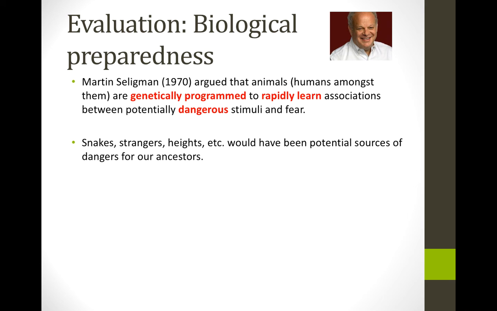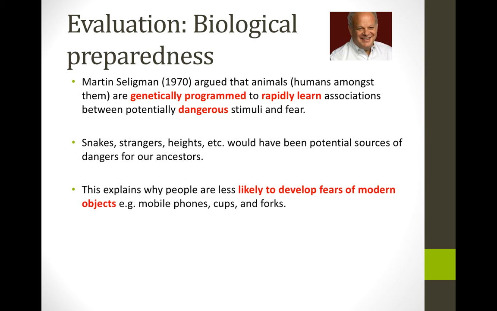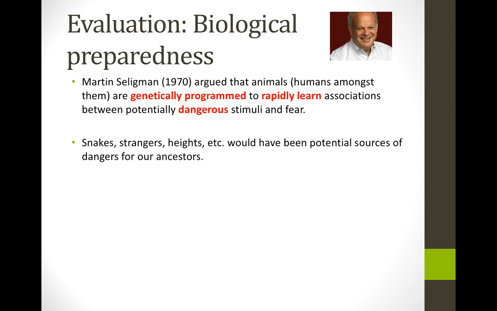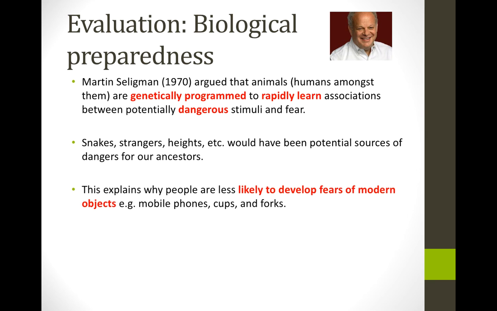These stimuli are referred to as ancient fears, things that would have been dangerous in the past, like snakes or heights or strangers, and it would have been adaptive to rapidly learn to avoid such stimuli. In this day and age, modern objects such as toasters or cars are much more of a threat than spiders, but these items are not dangerous like they have been in our evolutionary past, like an ancient fear.